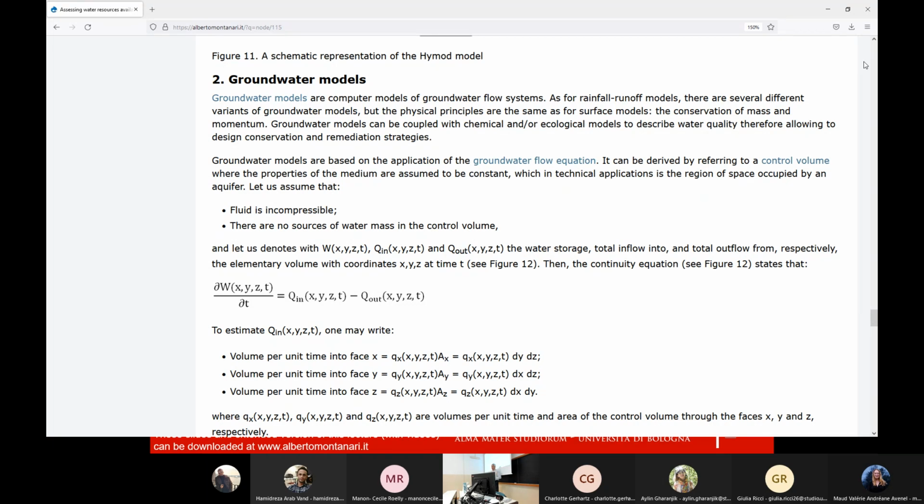We understood how they are applied to the surface water. We refer to a spatial domain that is the catchment, and we apply this conservation equation at the catchment level, basically, with different techniques. Now, let's see today how to apply these conservation equations to a groundwater body.